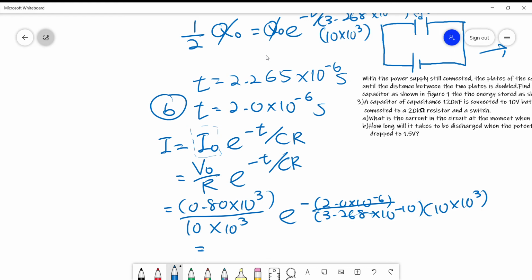So finally what I get here is 0.0434 ampere.